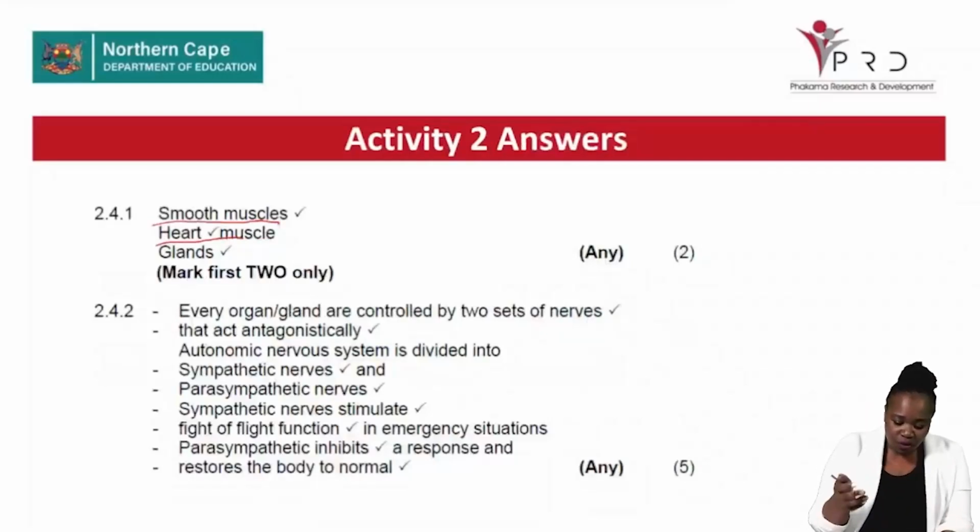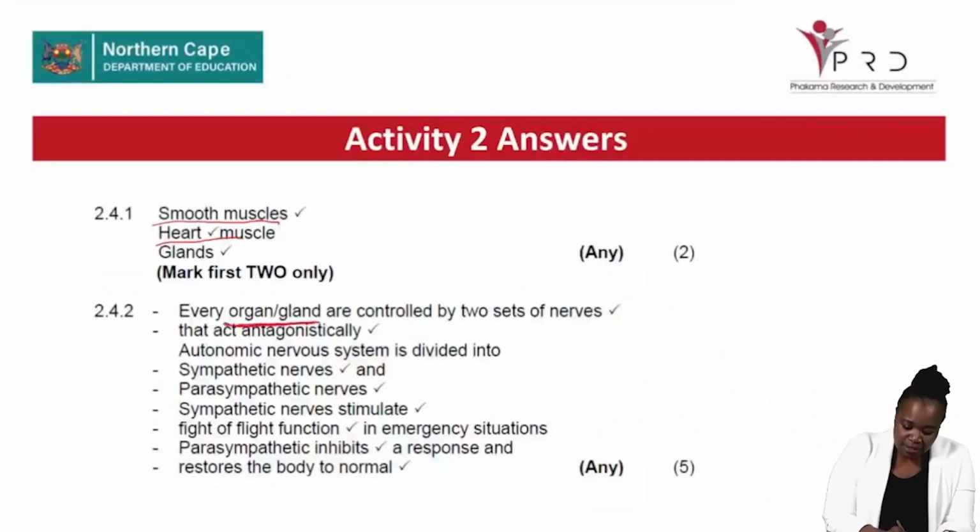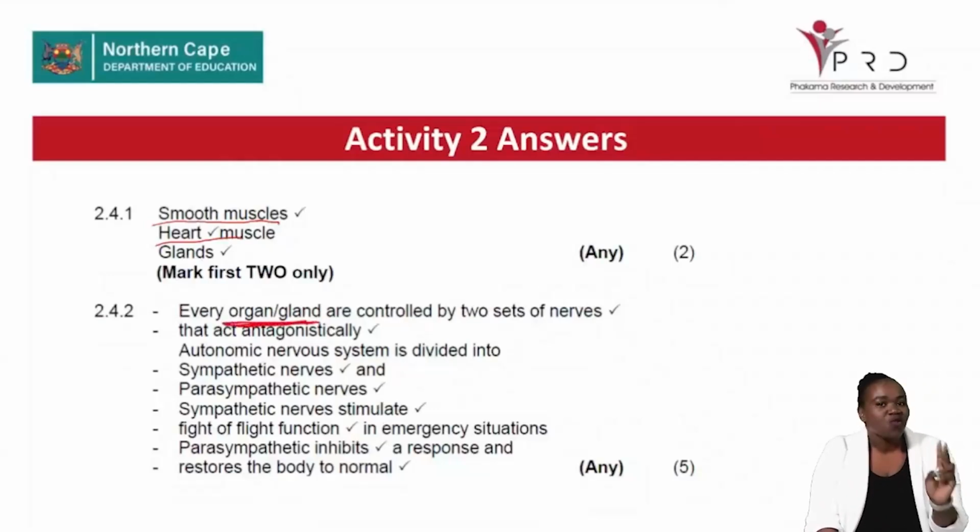We have glands, and remember, those glands would also react to the autonomic nervous system. These glands would release certain hormones that would make certain processes take place. So the glands and all organs are controlled by two sets of nerves, which are part of the autonomic nervous system.